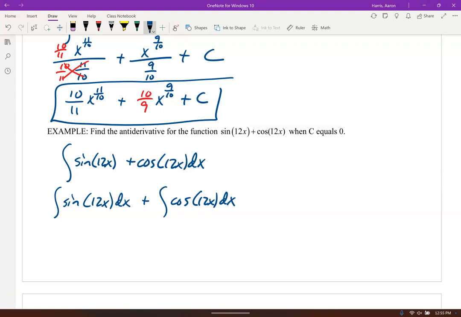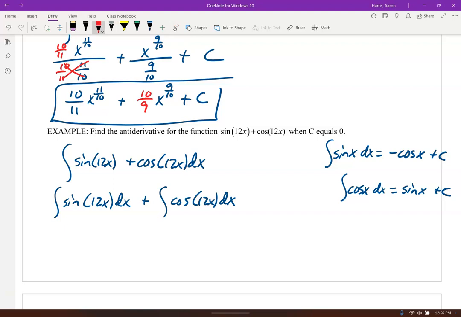Now, what I like to do in this section is I actually will introduce u substitution. We're going to do more u substitution in detail in a future section, but it is very nice to use in this section. If you can just remember that the integral of the sine is negative cosine, and I also want you to keep in mind the integral of the cosine is just sine.